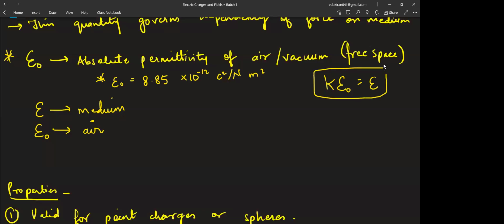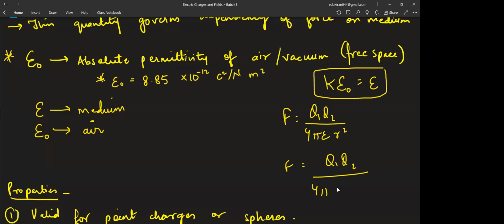So if you have a formula like F is equal to Q1 Q2 by 4 pi epsilon r square, and we want to replace epsilon because we do not know its value, we can use this formula. So this will be Q1 Q2 by 4 pi K times epsilon naught into r square. This is how we can solve our questions.